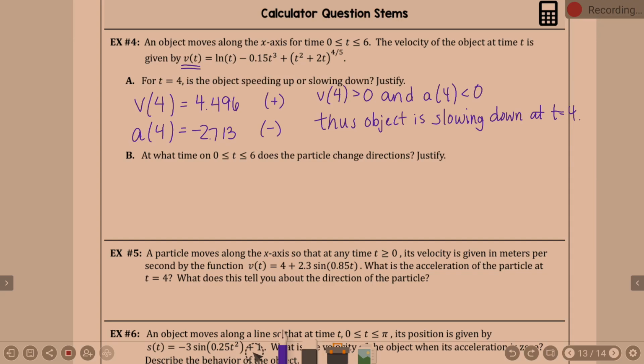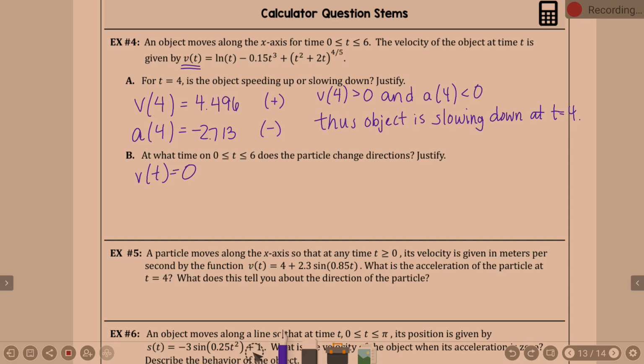When does a particle change directions? When v of t equals 0. We want to know when the velocity equals 0. So, what should we look at? When it crosses the x-axis. We should look at the graph.